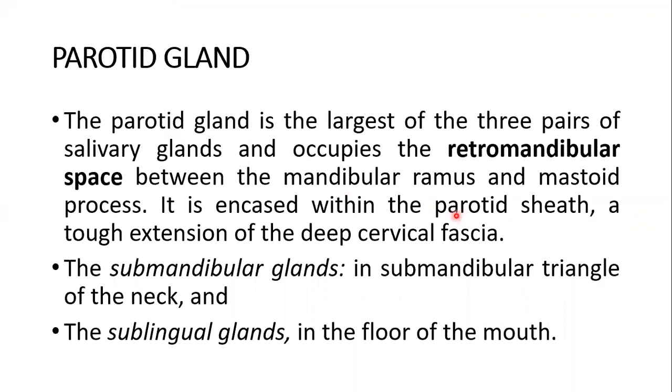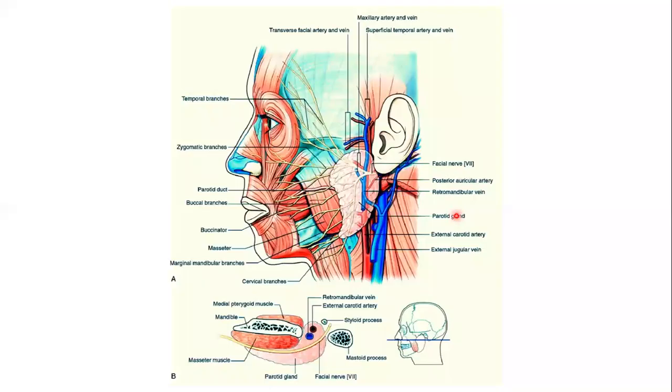This is the largest salivary gland, and the space where this gland is placed is called the retromandibular space, between the mandibular ramus and the mastoid process. Here behind would be the mastoid process, and here the ramus of the mandible, and this is the space where the parotid gland lies.